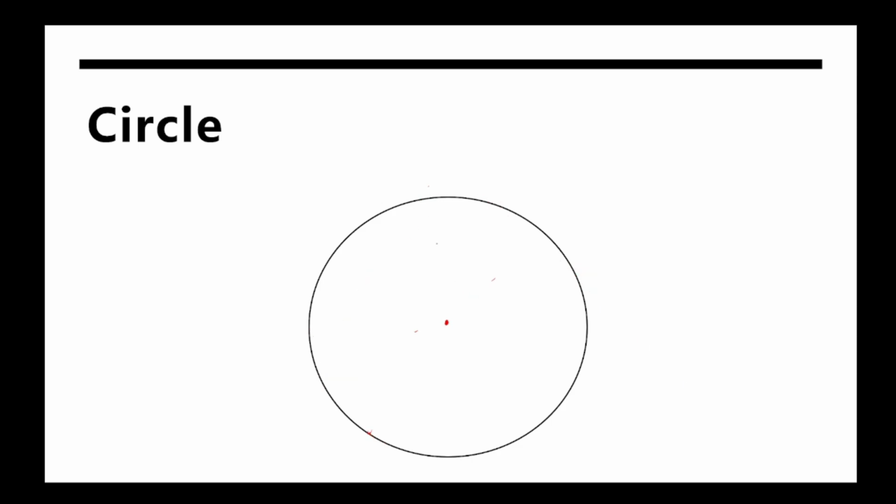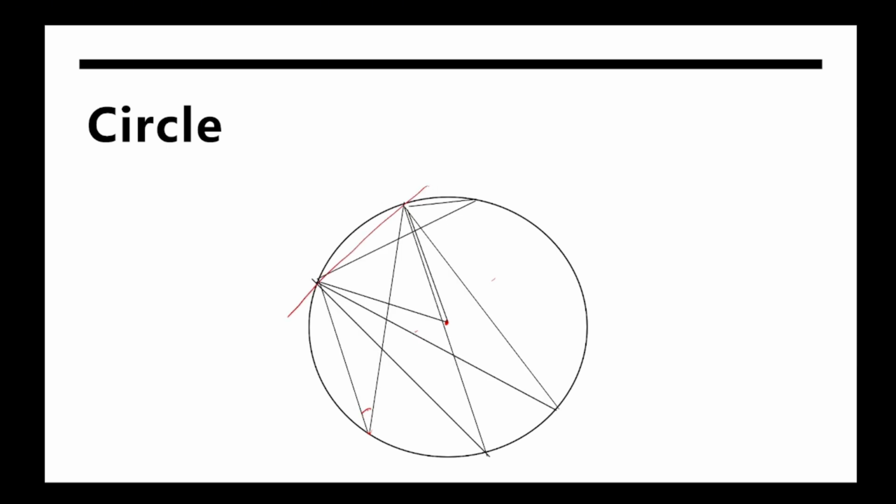For example, here's a chord, and the angles on the circumference will be all the same. And for the same chord, the angle from the center, for example theta, is twice the angle from the circumference. So this will be half theta.